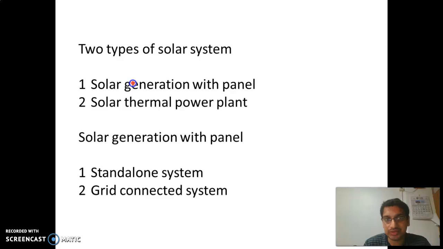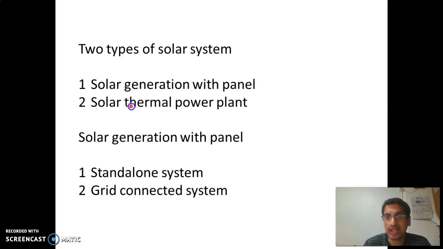In the first case, that is solar generation with panel, the solar ray is directly converted to electricity by using solar panel. In the second case, solar thermal power plant, it converts the solar ray to thermal energy, then thermal energy to mechanical energy, then mechanical to electrical energy.